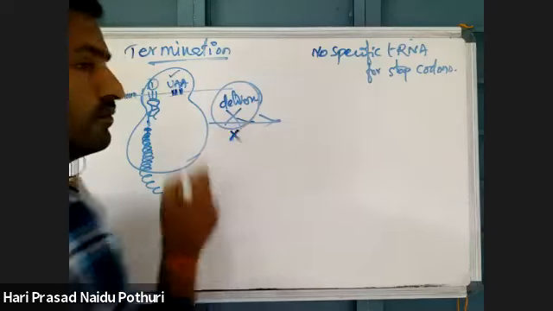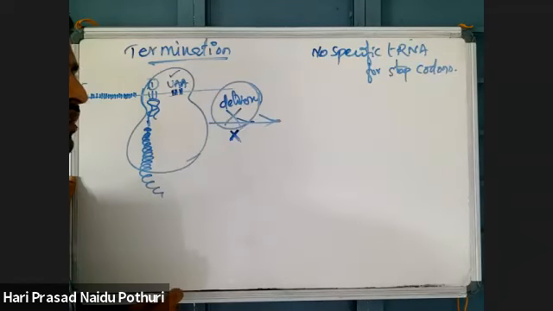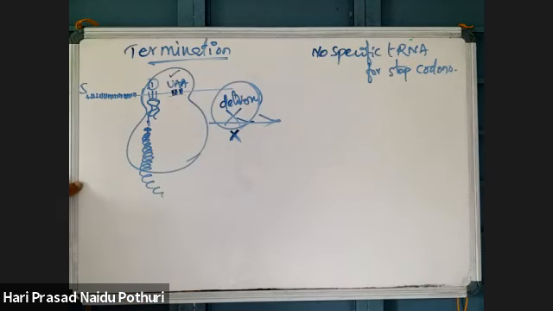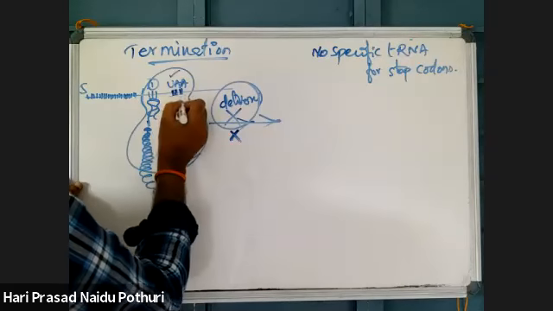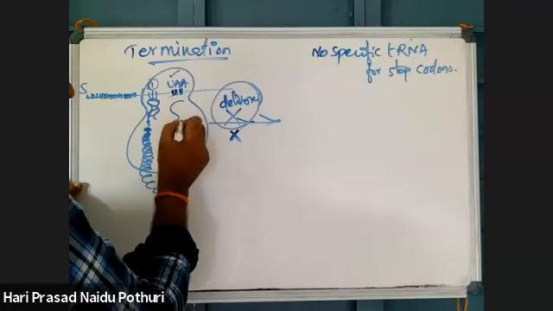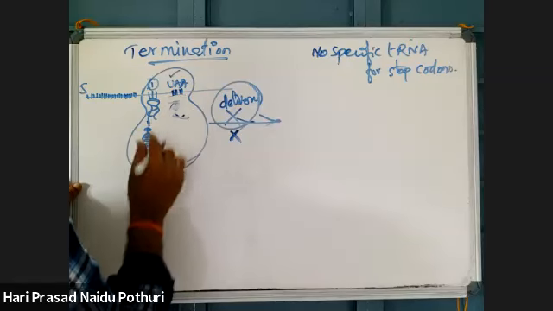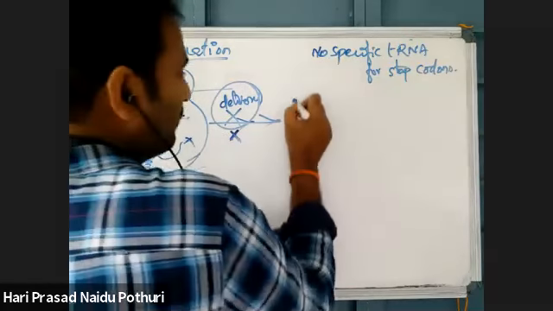After that, what should take place? Peptide bond formation must take place. Here there is no tRNA. As there is no tRNA, peptide bond formation is also not possible.